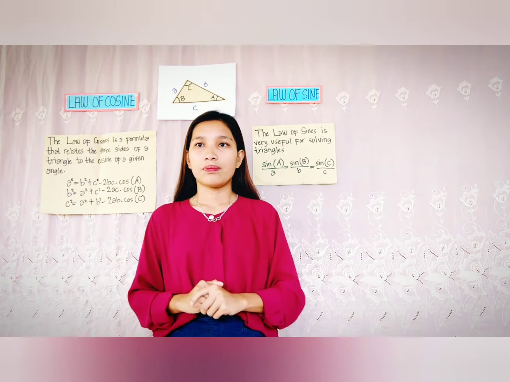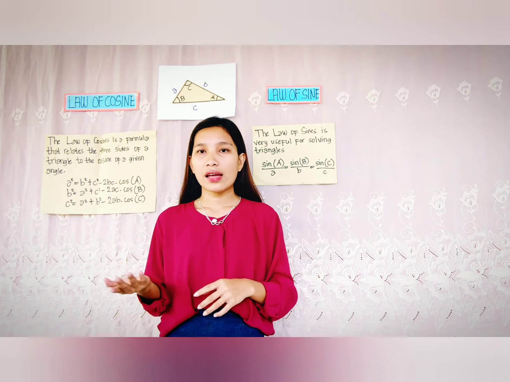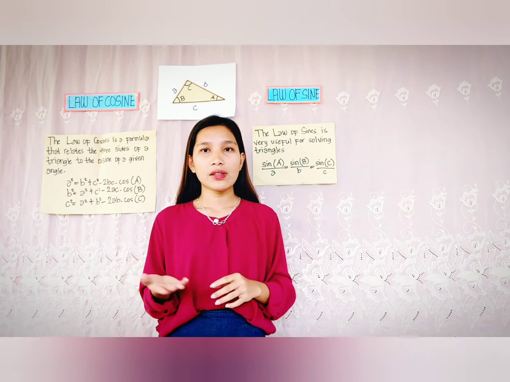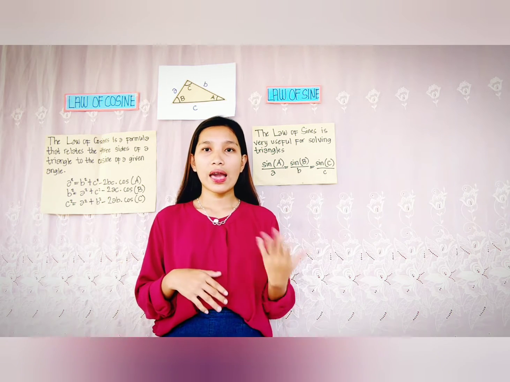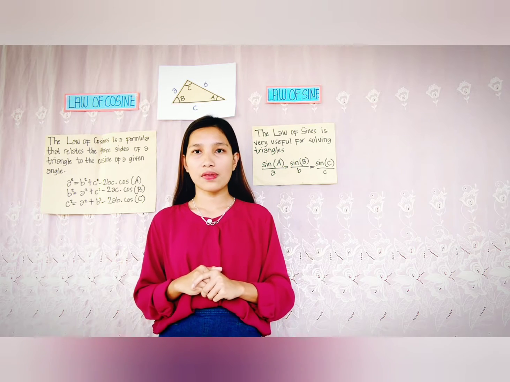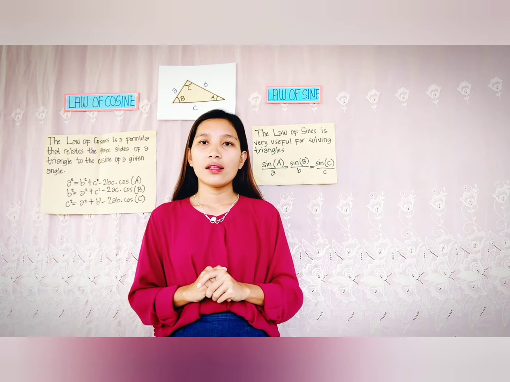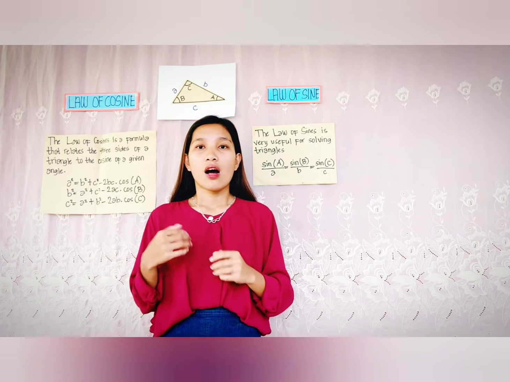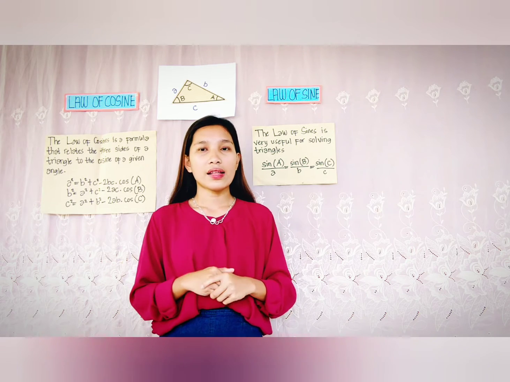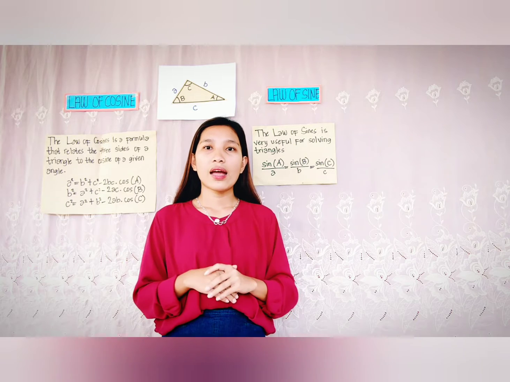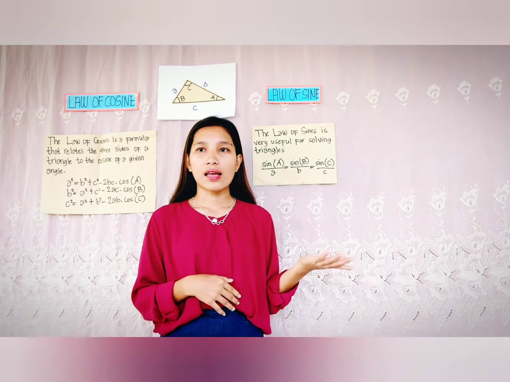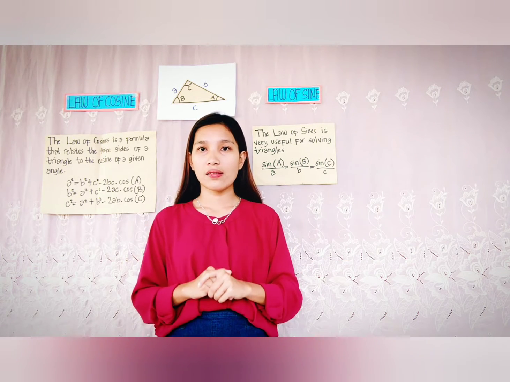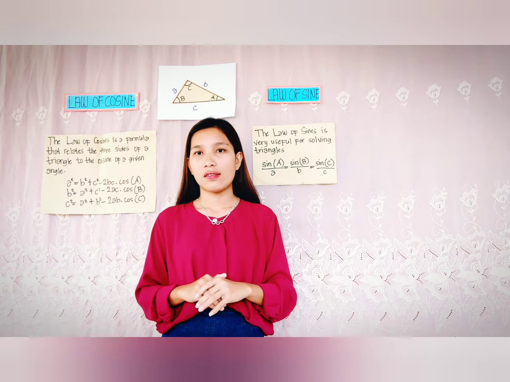For example, in angle-side-angle, you are given the measures of angles A and C and the length of side b. In side-angle-angle, you are given side c, side a, and angle C. And in angle-angle-side, you are given angles C and A and side c.